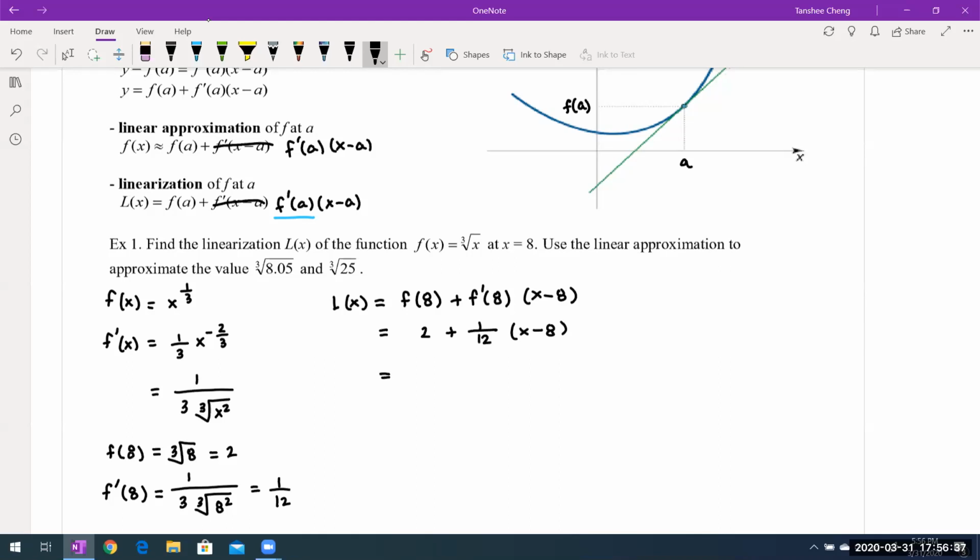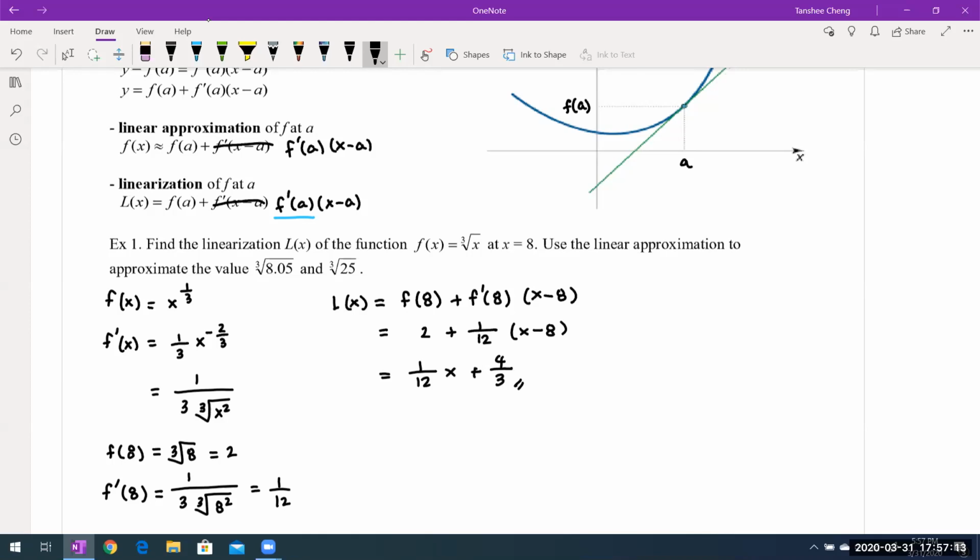Simplifying further, that gives 1/12 x, then 1/12 times 8 is 2/3, and 2 minus 2/3 gives plus 4/3. So this is the linearization function for this function at that point. The approximation will work well when x is close to 8, and we're going to find that out very soon.